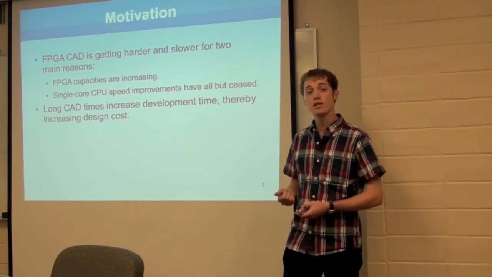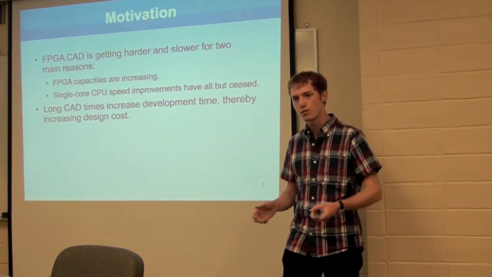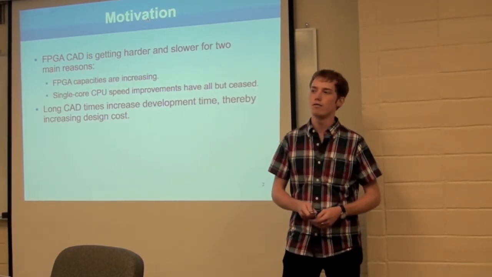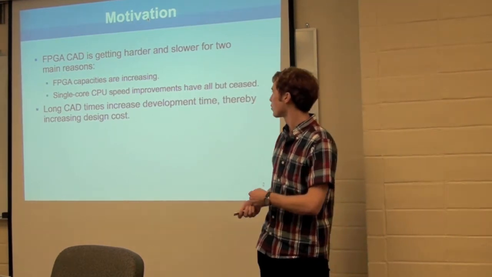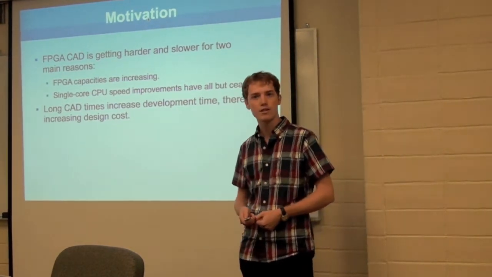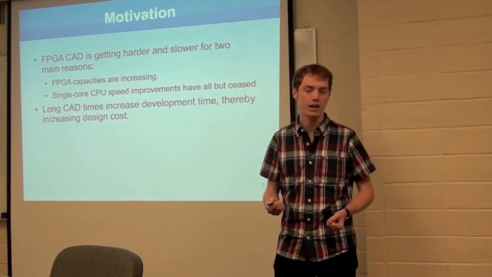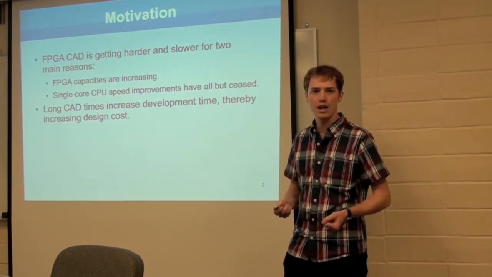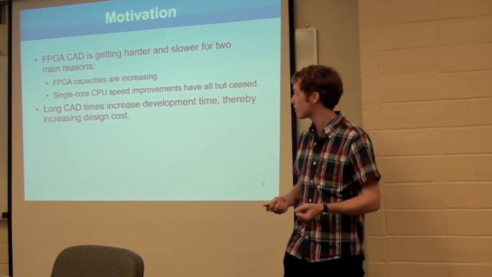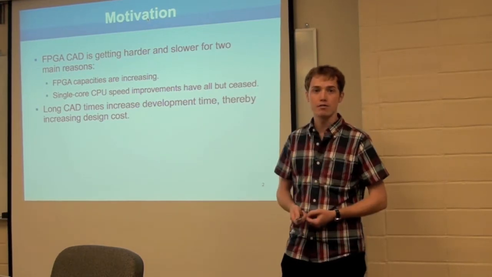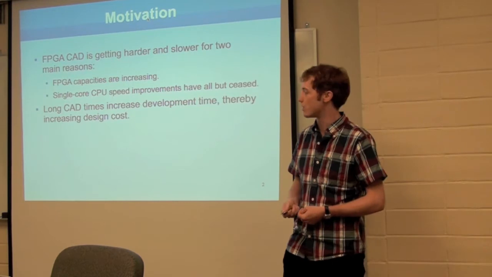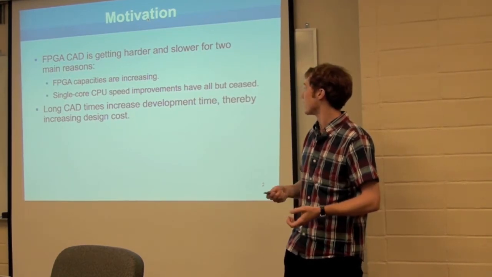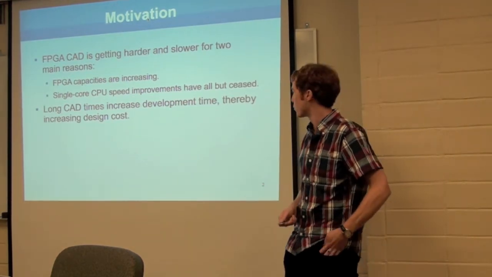And then conversely, the traditional compute resource that's been used to run CAD tools, namely single-core processors, aren't really getting that much faster. So we have this disconnect where FPGA CAD tool runtime is getting worse, and that increases development time and can even prevent some people from using FPGAs who might use them if the compile times were faster.